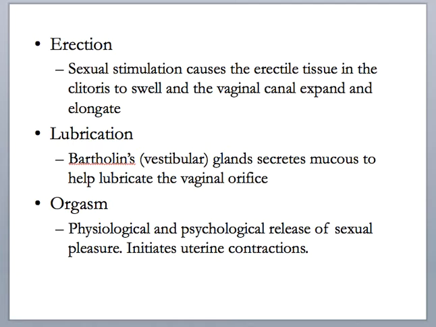It's a normal microbiome, but we don't want abrasive forces causing wounds that would allow the bacteria into our systems. And then upon sufficient sexual stimulation, there's the physiologic and psychologic culmination of sexual pleasure as an orgasm, which causes uterine wall contractions, propelling the sperm to the fallopian tubes.